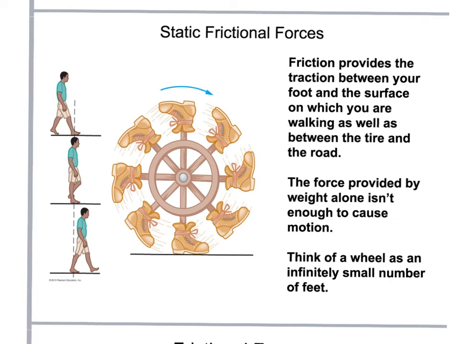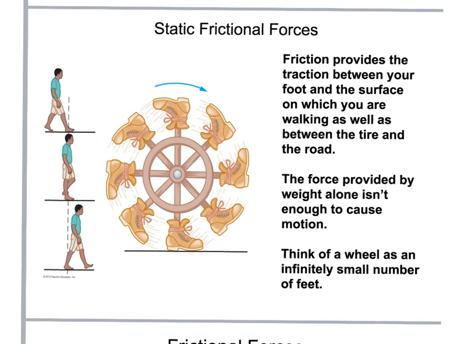So static friction is the one that basically keeps your tires on the ground, keeps your wheel on the ground, and helps you gain traction. Static friction in particular provides traction between your foot and the surface, or between the tire and the road. The force provided by weight alone is not enough to cause motion.